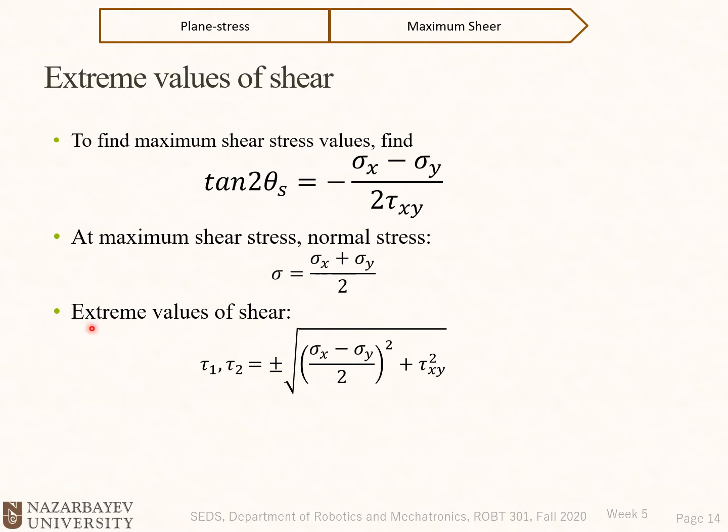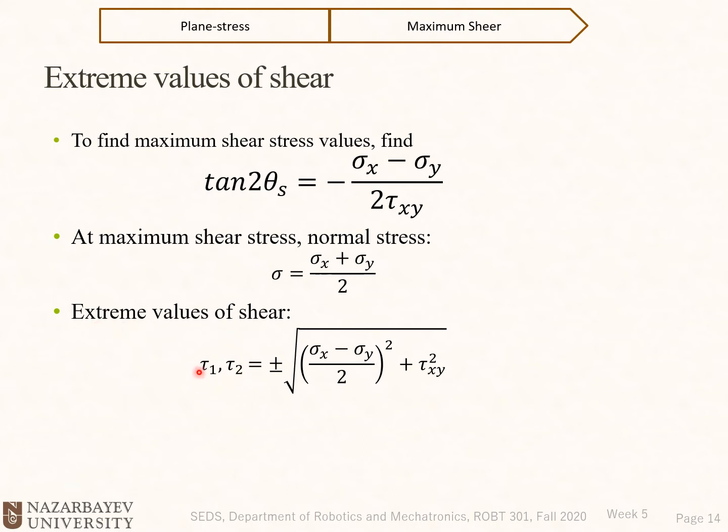And then we could find the extreme values of shear, or principal shear stresses. Again, we call them tau 1 and tau 2. So these tau 1 and tau 2 are basically tau x prime y prime while they are at extreme values.